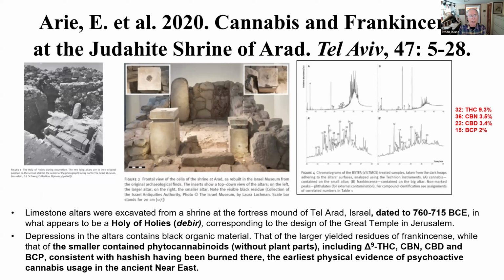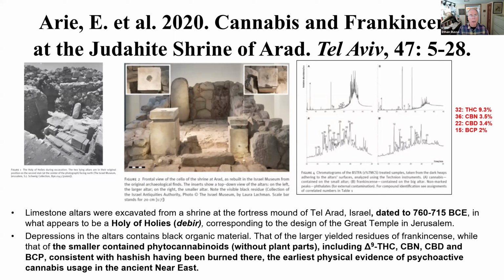Now, we do have archaeological evidence of the same. This came from a few years ago. As you see in the middle pane, these are limestone altars from a shrine in a fortress mound called Tel Arad. And this seems to be analogous to the Holy of Holies in the temple in Jerusalem.